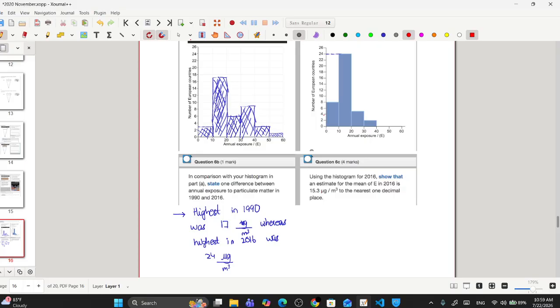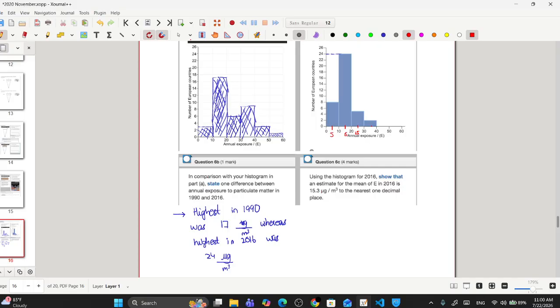Between 0 to 10, the mean is 5. Between 10 to 20, the mean is 15. Between 20 to 30, the mean is 25. And between 30 to 40, the mean is 35. 5, 15, 25, 35. These are the general means.